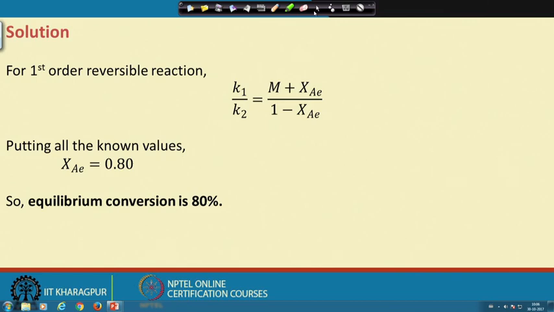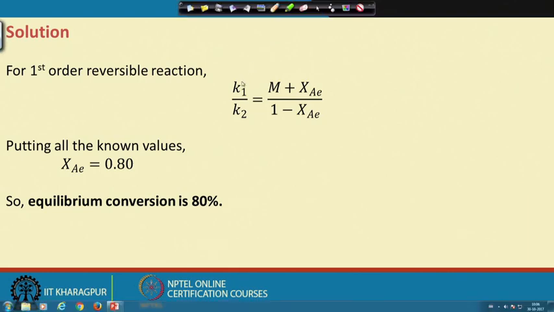Now, if you go back to our expression, when we discussed reaction kinetics we discussed the reversible reaction in detail, and there we can find out K1. What is K1?